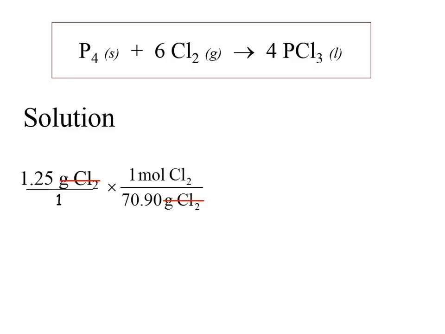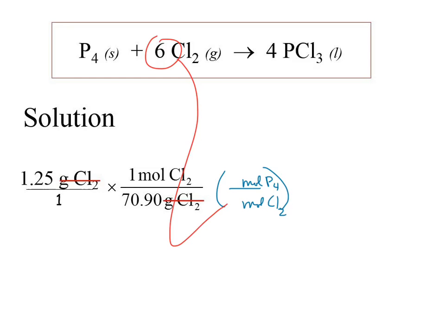Okay, and like I said, sometimes I'll show you what I'm trying to say here. Sometimes for this term right here, I literally will write mole Cl2 on the bottom and mole of P4 on the top. I literally will do that. And then I go up to my equation up here and I put a 6, 6 moles of Cl2 on the bottom, and I put a 1 mole P4 on the top.